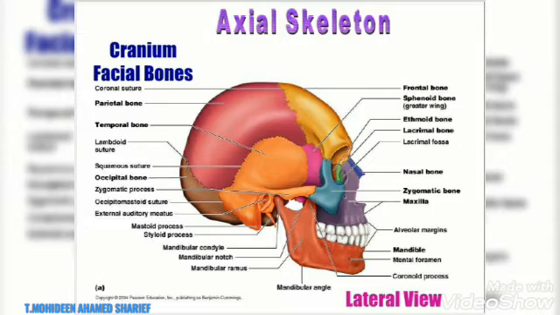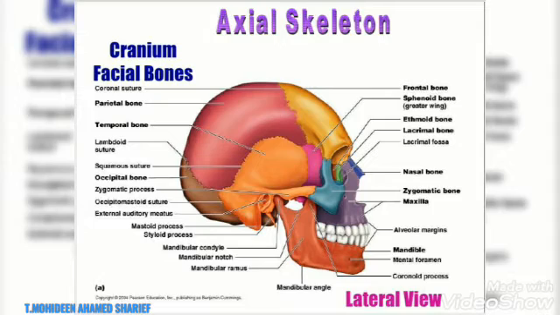A single U-shaped hyoid bone is present at the base of the buccal cavity. It is the only bone without any joint. So it will be asked which is the only bone without joint. It is the hyoid bone which is found at the base of the buccal cavity and it is U-shaped.